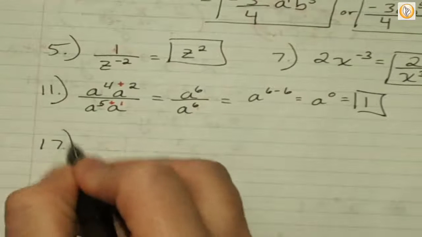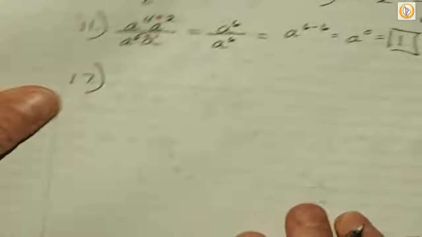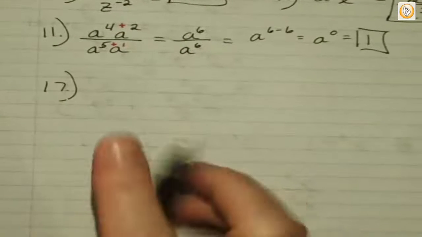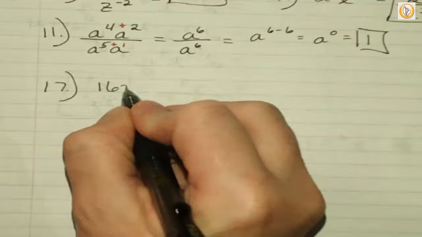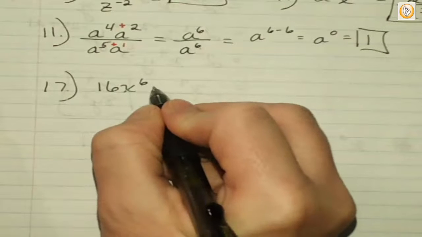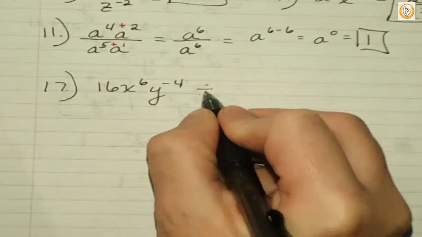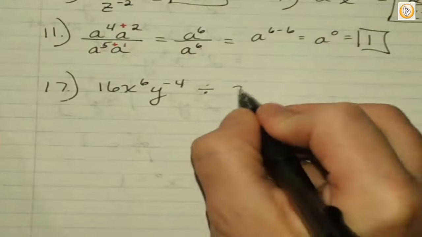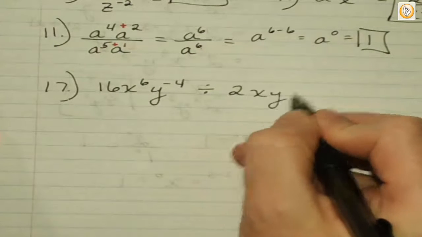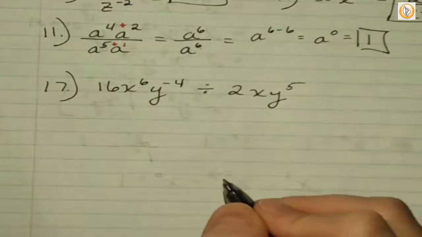All right, 17. Aiden. We have 16 x to the 6th power, y to the negative 4, divided by 2x y to the 5th power.